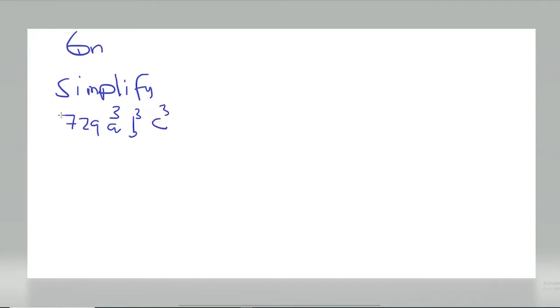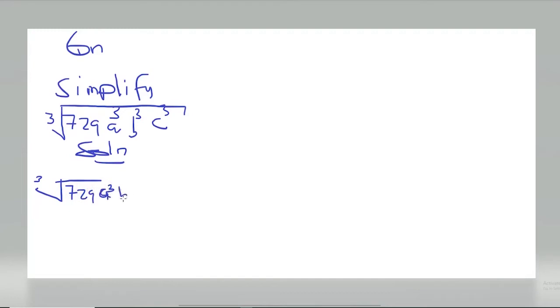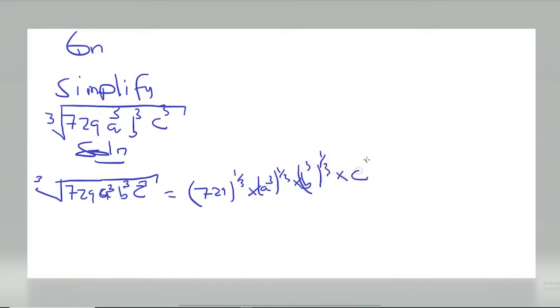Now the solution. The third root of 729 a power 3 b power 3 c power 3 can be written as 729 power 1 over 3, times a power 3 to the power 1 over 3, times b power 3 to the power 1 over 3, times c power 3 to the power 1 over 3.